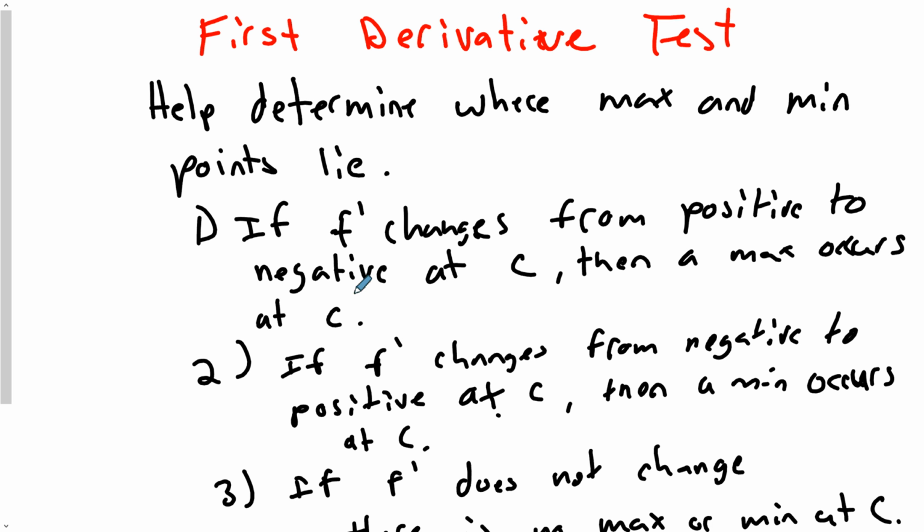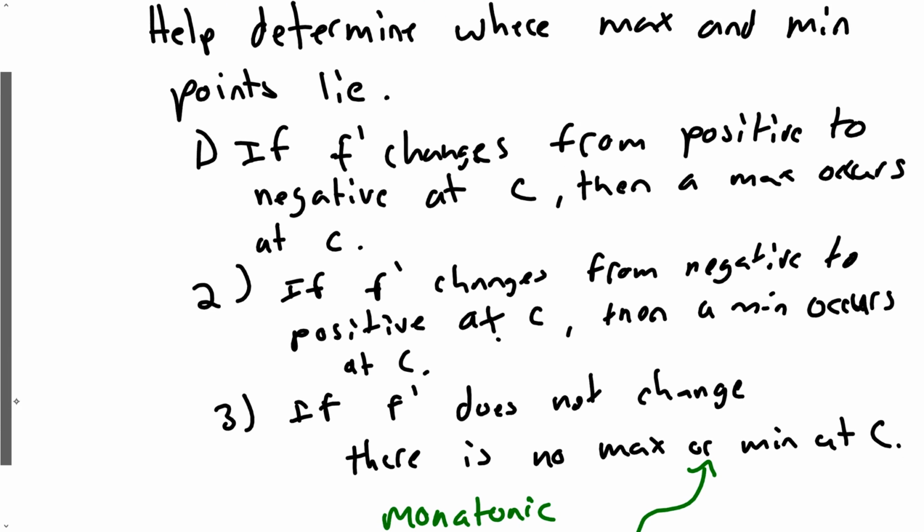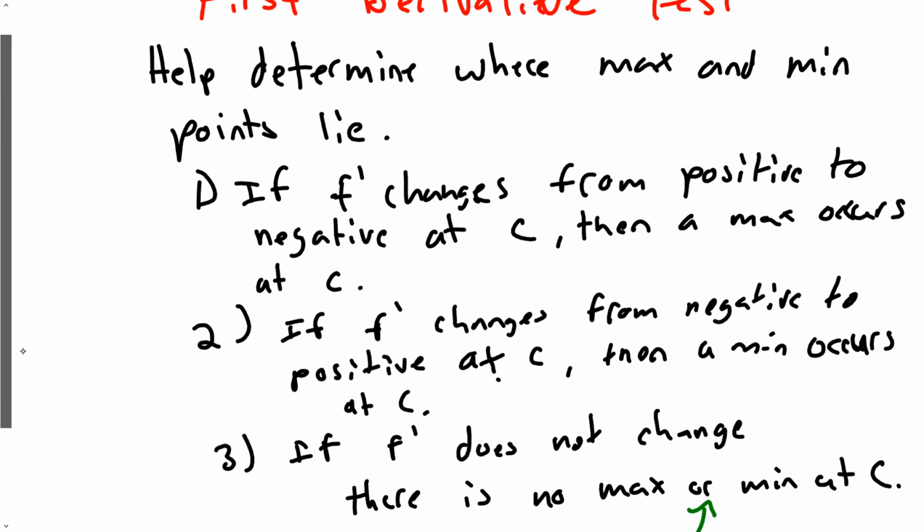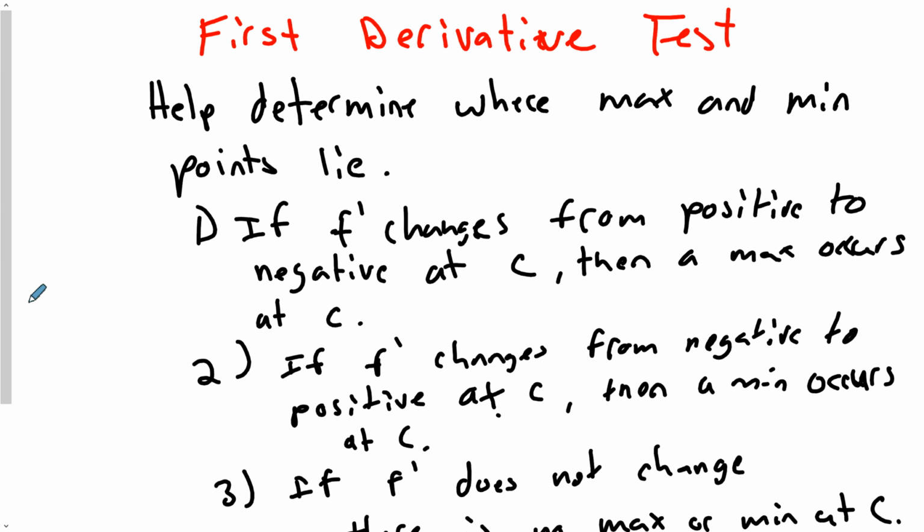There are a couple of these tests that you don't really have to do. I believe it's the second derivative test you don't have to do, because you can find out other information. But what this says is, if we find our critical value and go from positive to negative, we're going to have a max.